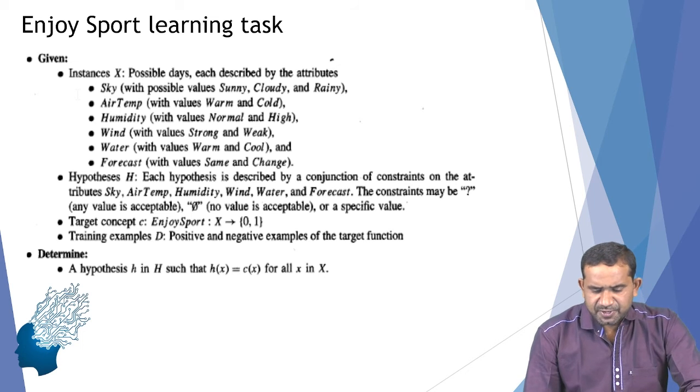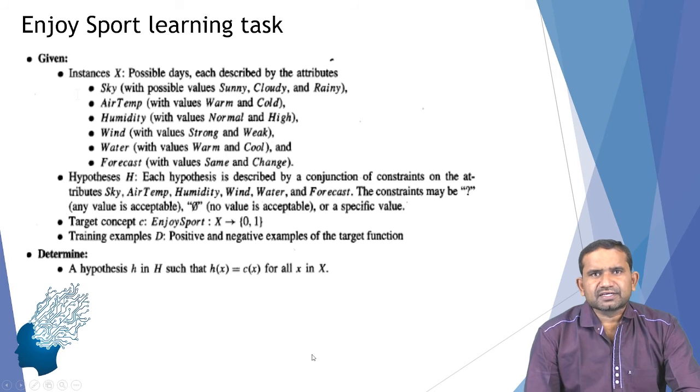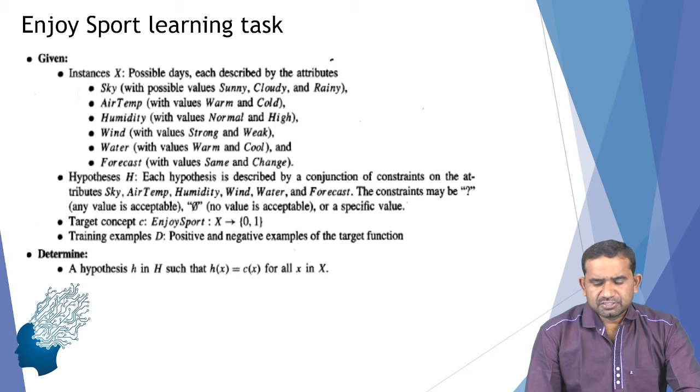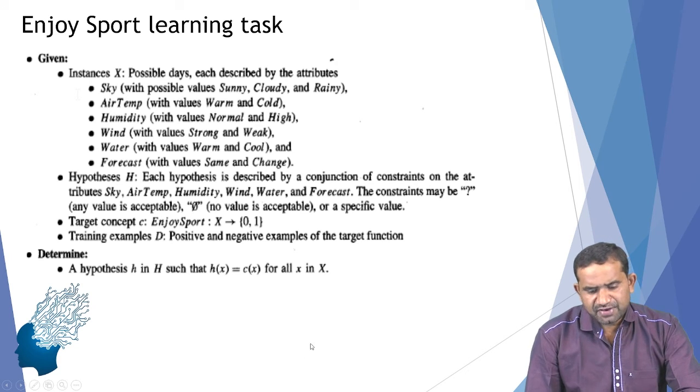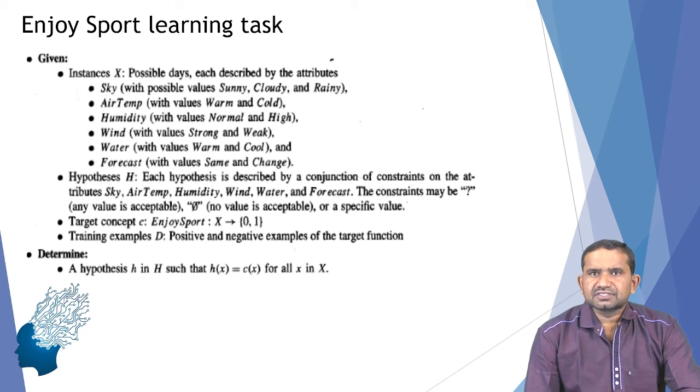Right. Hypothesis H: each hypothesis is described by a conjunction of constraints on the attributes sky, air temperature, humidity, wind, water and forecast. The constraints may be question mark, meaning any value is acceptable, or null values, meaning no value is accepted, or specific values.